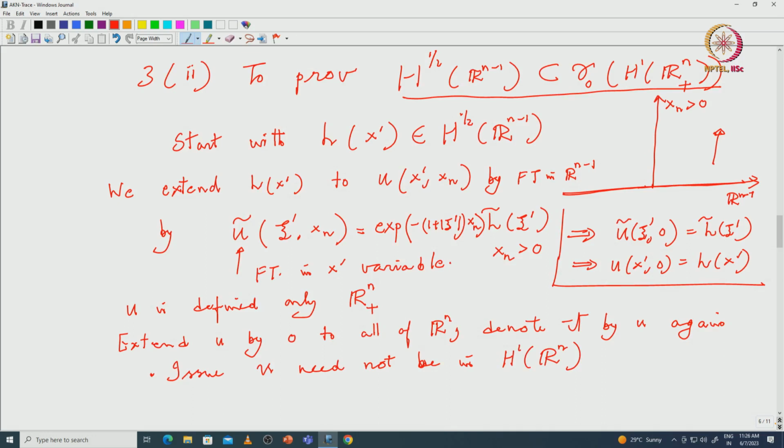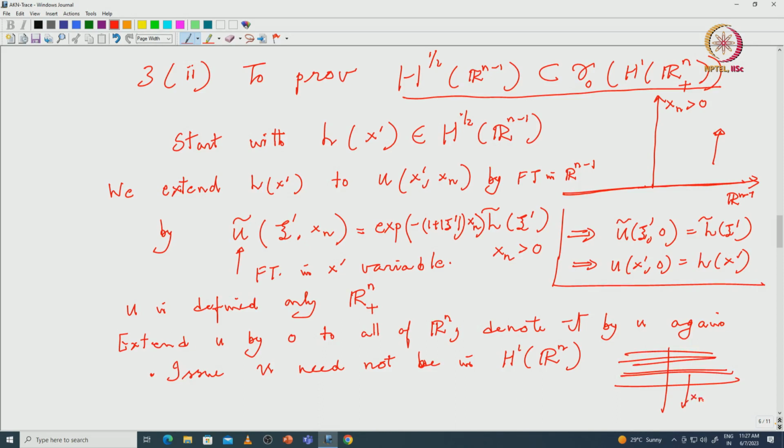But the trouble is only the extension in the x_n direction. You will not have a problem proving the derivatives in the other directions up to n minus 1, because in those directions you already defined it.